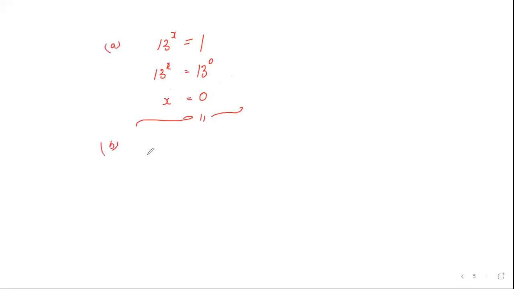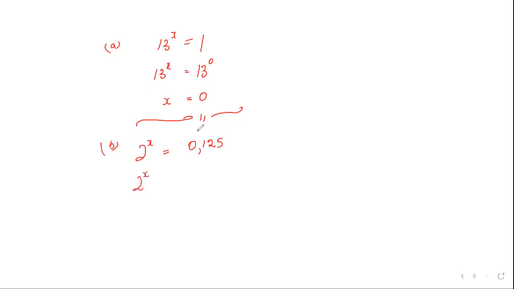B here, I have 2 exponent x is equal to 0,125. Now, if we want to turn this into the above A, this is going to be 2.